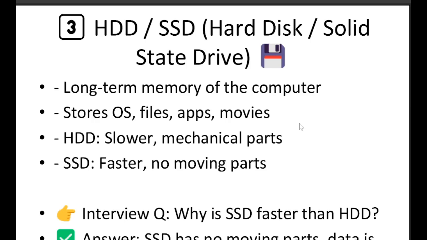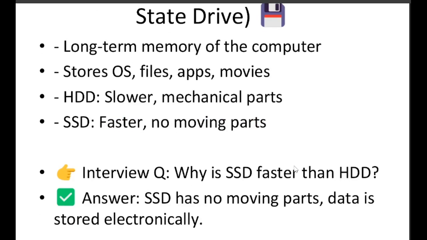A hard disk is a slower mechanical part, but SSD is faster, with no moving parts. You can see a question here: why is SSD faster than HDD? Because SSD has no moving parts and data is stored electronically. That's why SSD is faster than HDD.